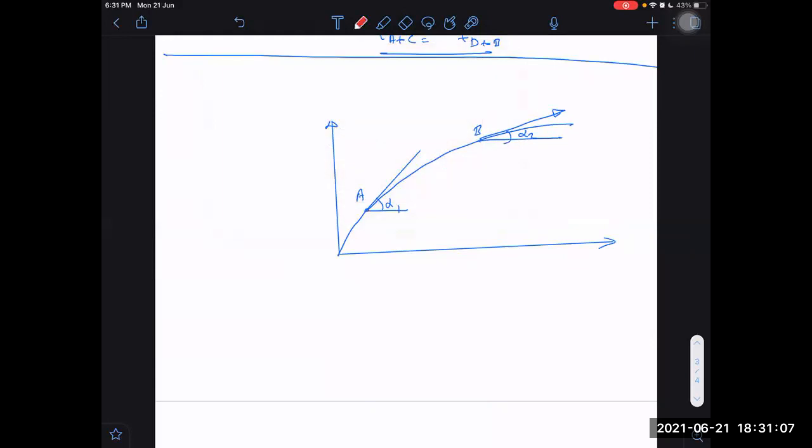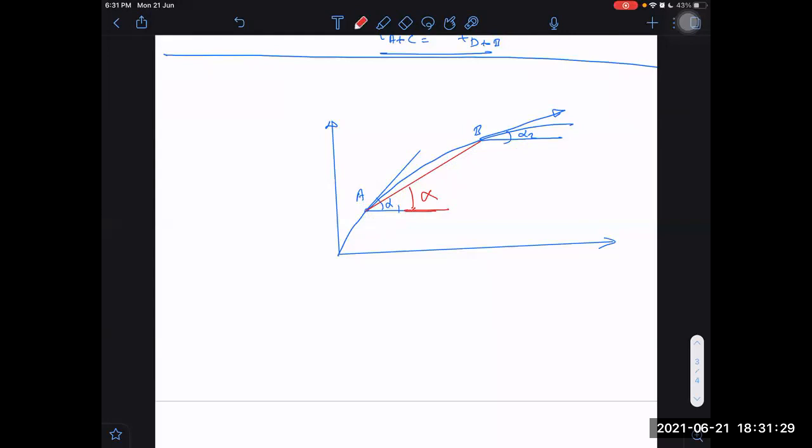And if I join these two together, then the angle is here. What should I call this angle, by joining the points? Beta 1. Let us call it alpha. One end is alpha 1, the other is alpha 2. This I'm calling as alpha.